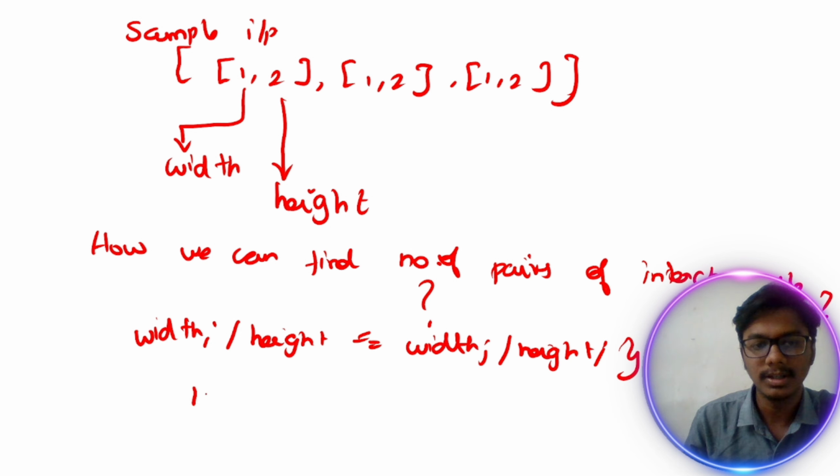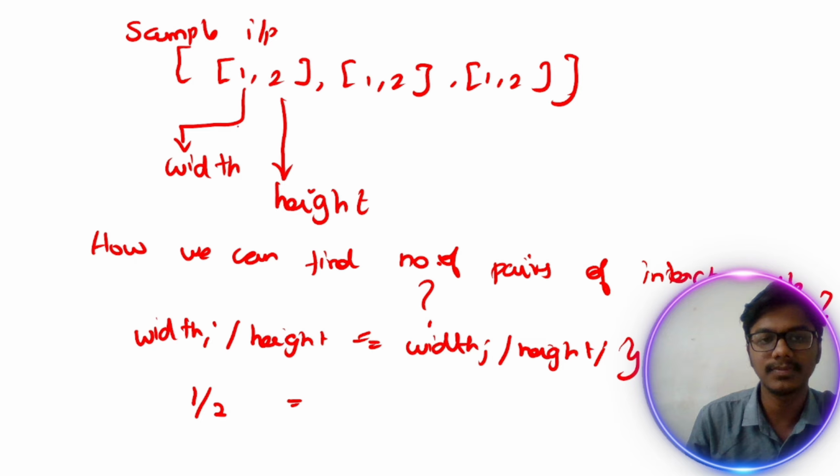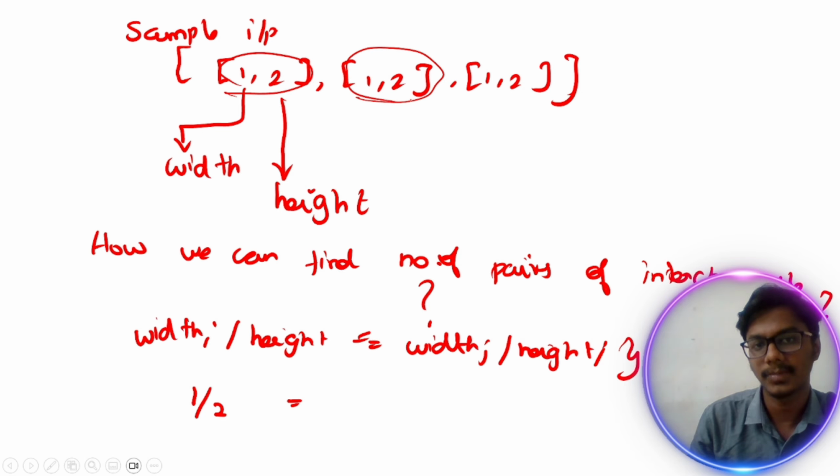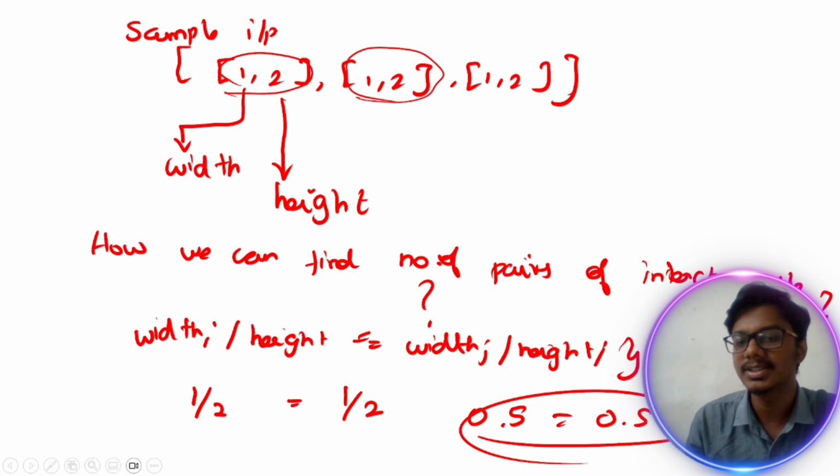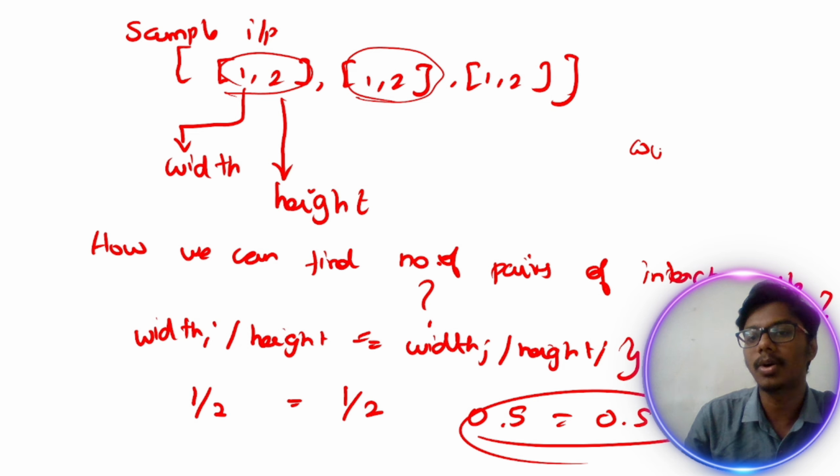For example, this is the first rectangle, with width i and height i, and this is the width j and height j. Let me consider 1 divided by 2 and 1 divided by 2. 1 divided by 2 is equal to 0.5, which is equal to 0.5, right? These two rectangles are interchangeable, so we update the count to 1.